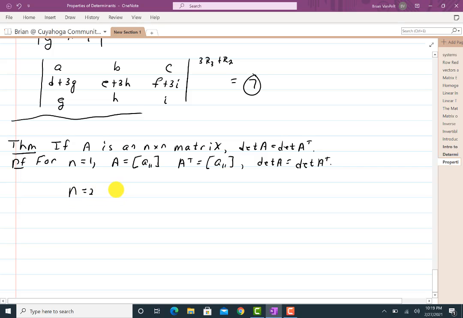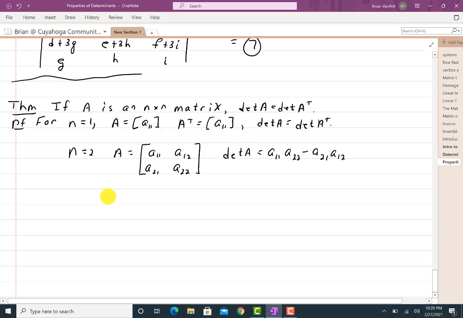If I do n equals 2, A equals A11, A12, A21, A22. The determinant of A is A11, A22 minus A21, A12. Now if I look at its transpose, remember the diagonal elements are unchanged.